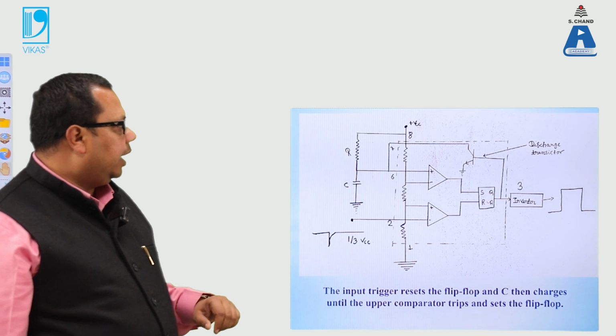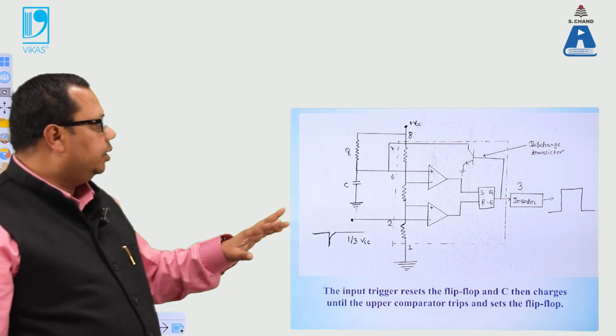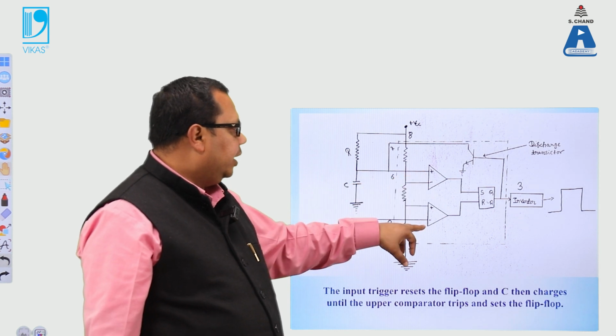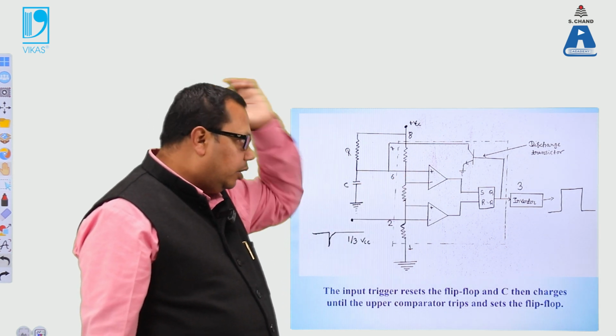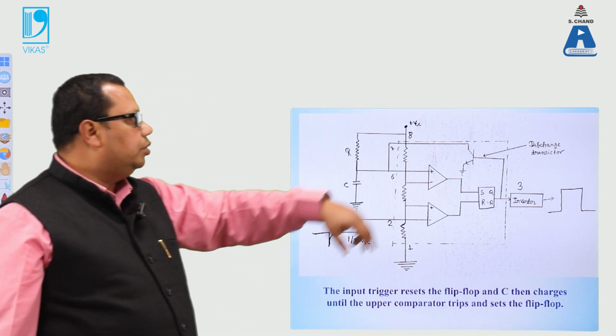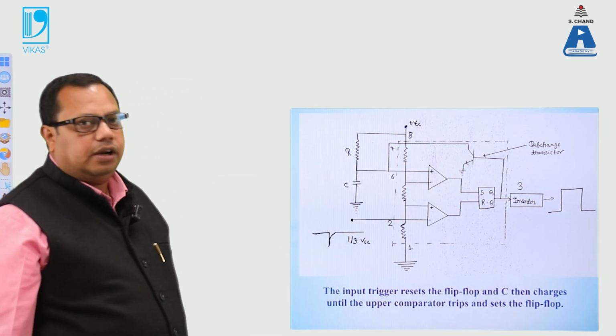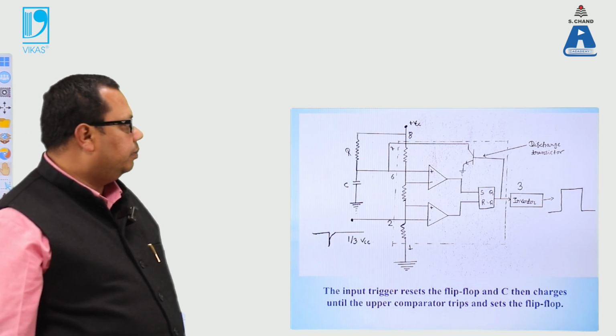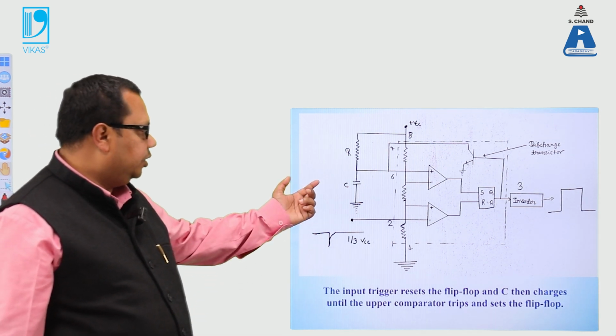Again, coming back to the circuit, students, please remember that we are using two operational amplifiers, and one inverter is used in the output. In the output we are also using a discharge transistor to discharge a particular value, and a capacitor is used.